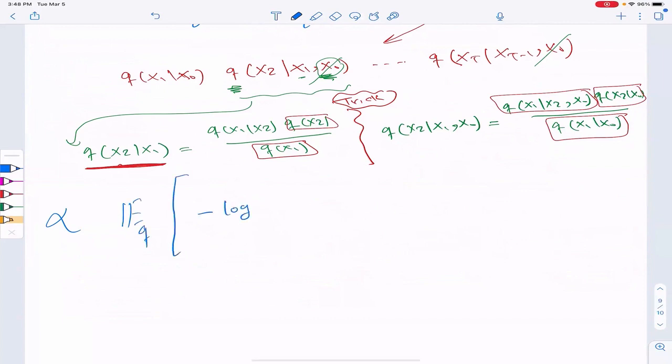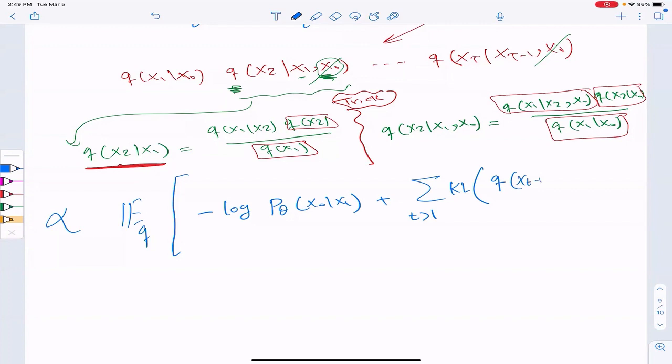One term is minus log p theta of x0 given x1, that's the first term, plus a bunch of KL terms, for t greater than 1, KL term between two distributions, q of xt minus 1 conditioned on xt and x0, versus p sub theta of xt minus 1 conditioned on xt.